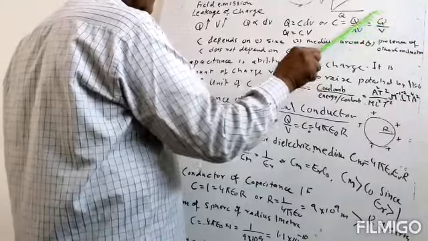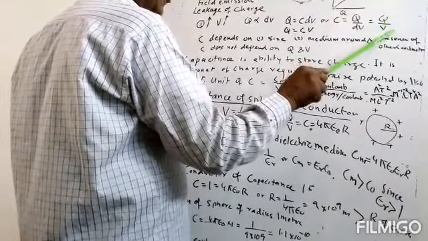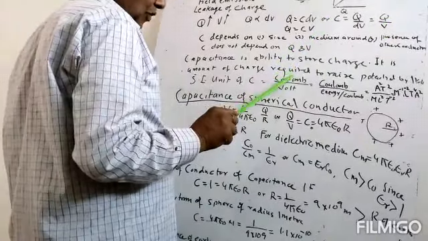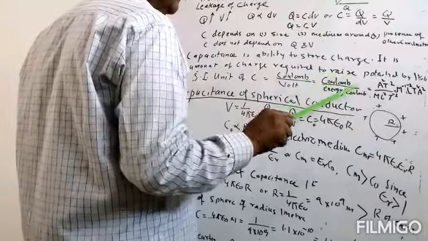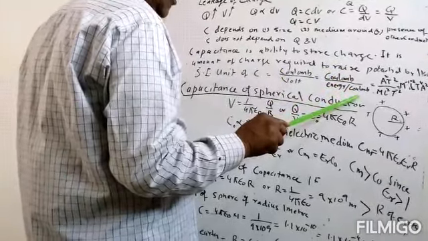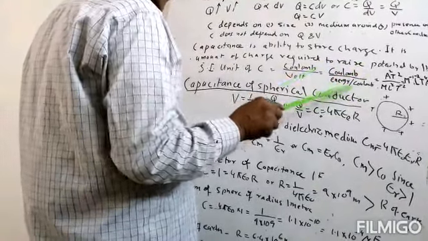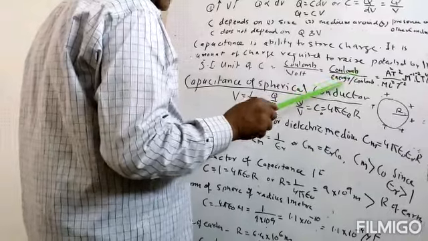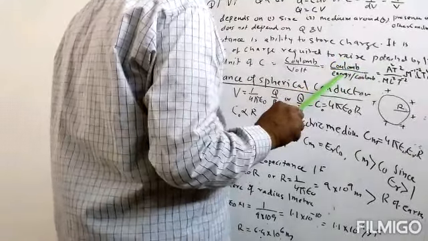The unit of capacitance will be equal to Q by V. The unit of Q is coulomb, V is volt. So it is coulomb by volt. Volt is energy per unit coulomb, so coulomb squared comes on top, then coulomb squared by work done, which is energy. So it will be equal to Q squared divided by energy.